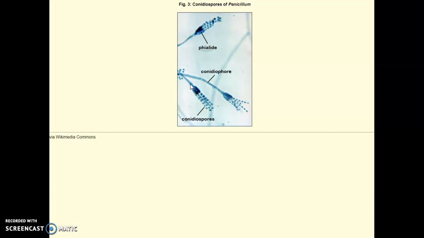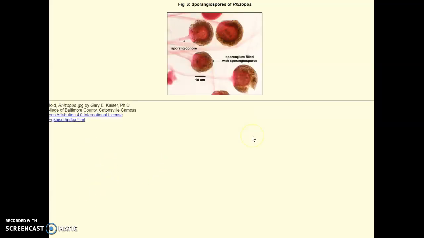Now, conidiospores are going to be different from our next reproductive structure that we're going to see, the sporangiospores. These are the sporangiospores of a mold called Rhizopus. Now, we still have hyphae that we can see in the background, but instead of the spores just being loose, we're going to have this structure called a sporangium that's going to be filled with the sporangiospores.